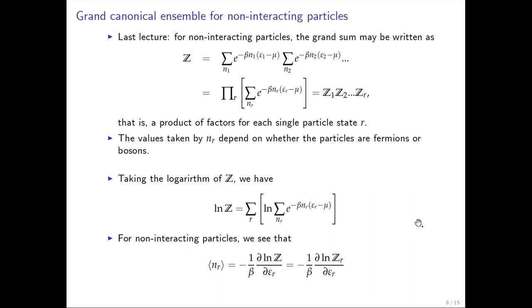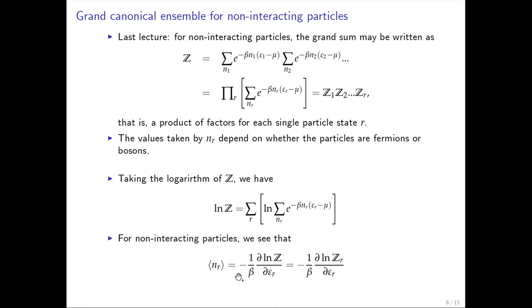And also, it's quite easy to see, as I think we mentioned in the last lecture, that if we wanted to find the mean number of particles in state r, this bracket n sub r, we can find this by taking this derivative.